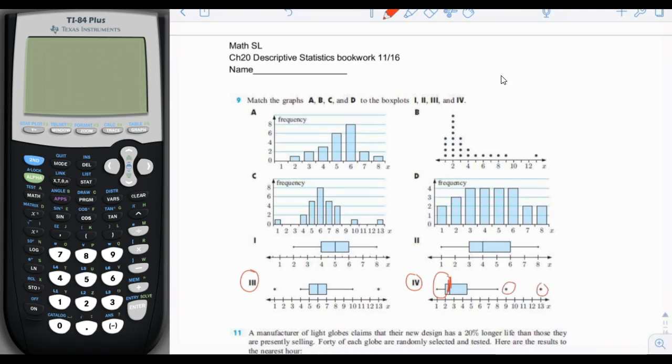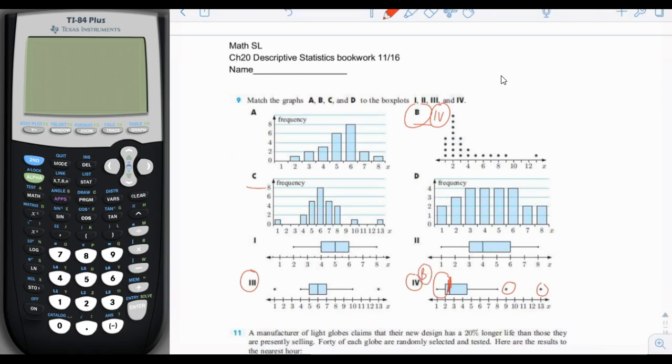So where do we see that? We see two outliers, and we see everything smashed onto the left. Both of these two have two outliers on the right, kind of, but this one is the only one that's smashed to the left. So I would say that B goes with 4, and 4 goes with B.